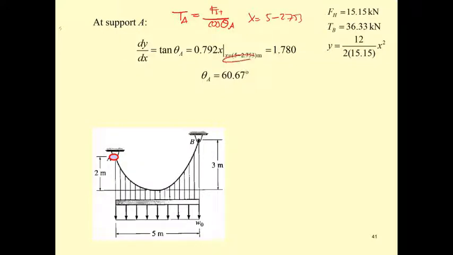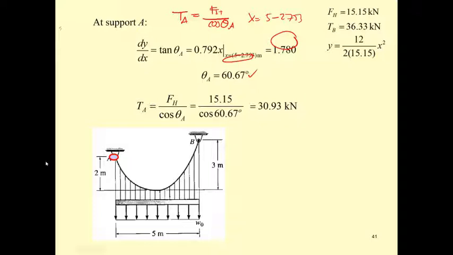You put it into here, you get theta sub A, and then you put theta sub A here, you get T sub A, and T sub A is less than T sub B because the angle here is theta sub A.